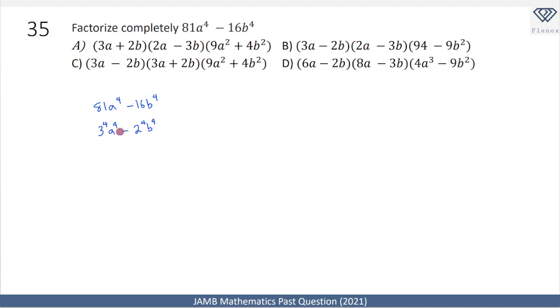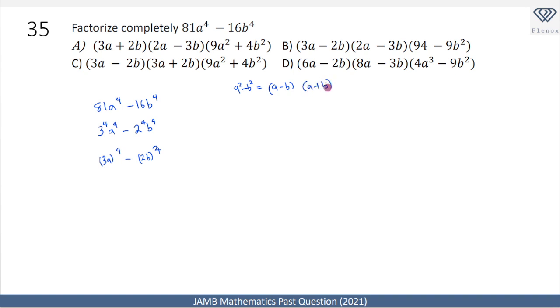Now this is from our law of indices. You know that this can be written as (3a) to the power of 4 minus (2b) to the power of 4. Now from our difference of two squares, we know that a squared minus b squared is equal to (a minus b)(a plus b).